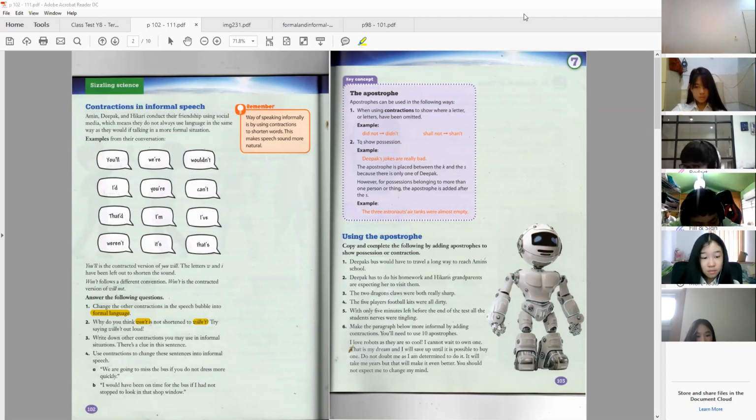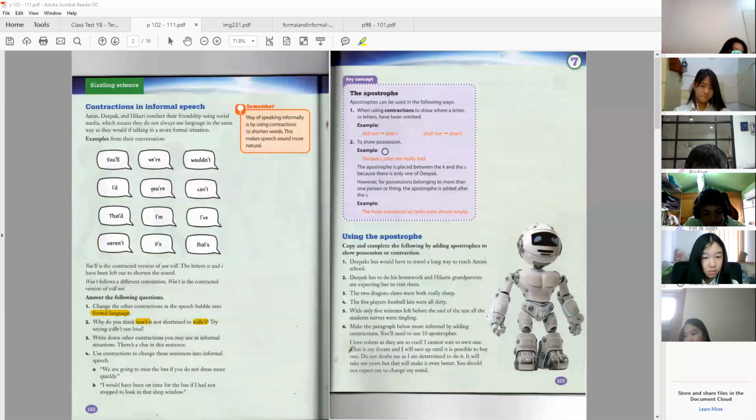Apostrophe is used in contractions or to show possession. For example, did not becomes didn't. So you put the apostrophe between N and T. Shall not becomes shan't.